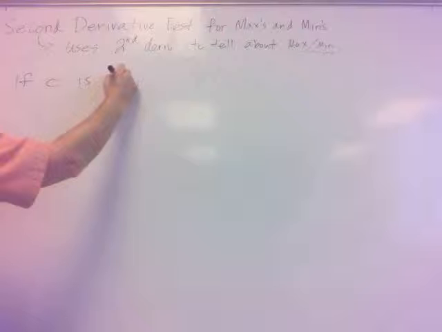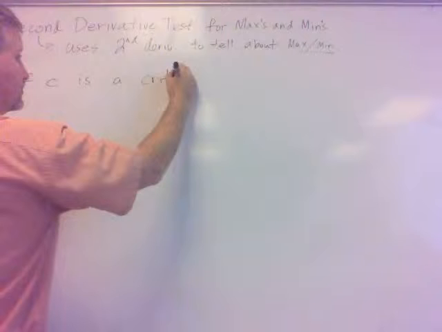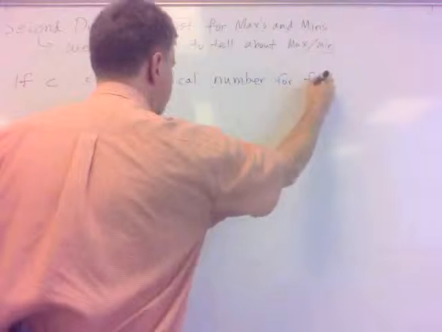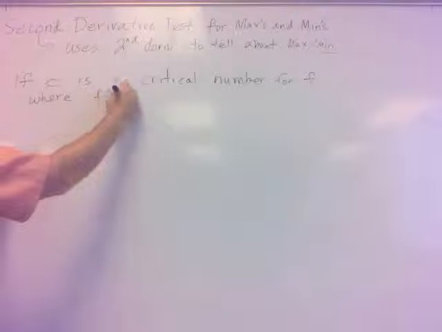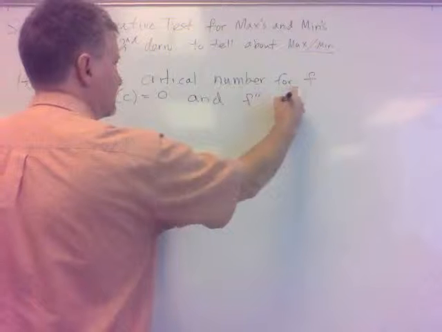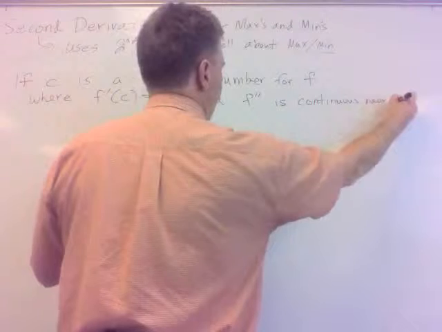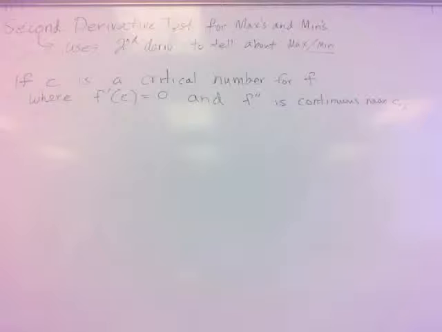How do we do this? Well, here's the way it works. If C is a critical number of function f, C again is our critical number, where f prime of C equals 0, and the second derivative is continuous near C. So there are a few parameters here for this second derivative test.